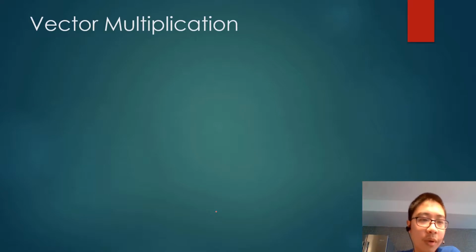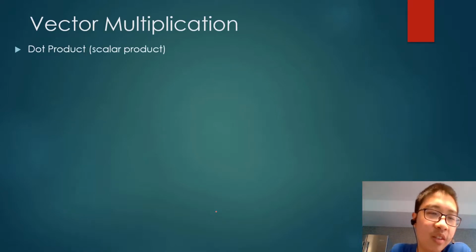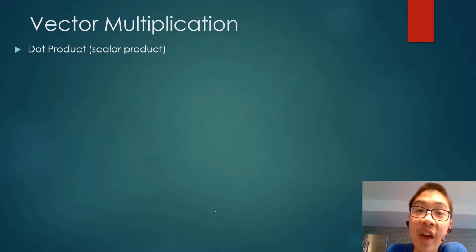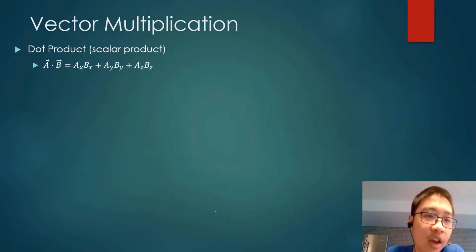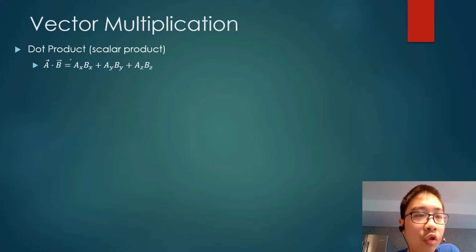Vector multiplication becomes a little bit complicated, but it's not too hard. Dot product, also called scalar product, because it results in a scalar. A dotted with B is just equal to ax times bx plus ay times by plus az times bz. You can see that there are no unit vectors here, so this value is actually a scalar.